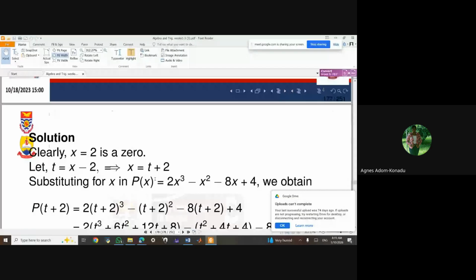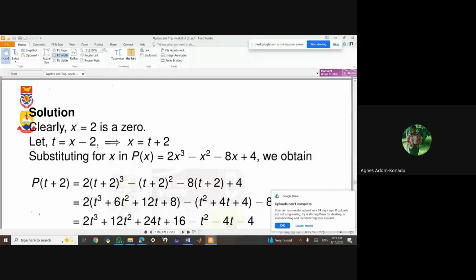So the polynomial is P of x is equal to this. In place of x, I will substitute this. So I have P of t plus 2. Wherever I see x, I will substitute t plus 2. So I have 2 times t plus 2 cubed minus t plus 2 squared minus 8 times t plus 2 plus 4.